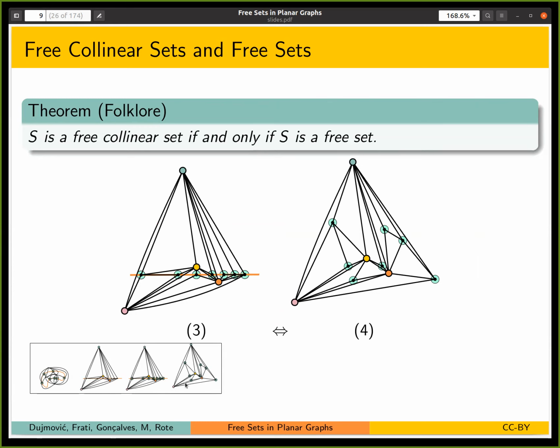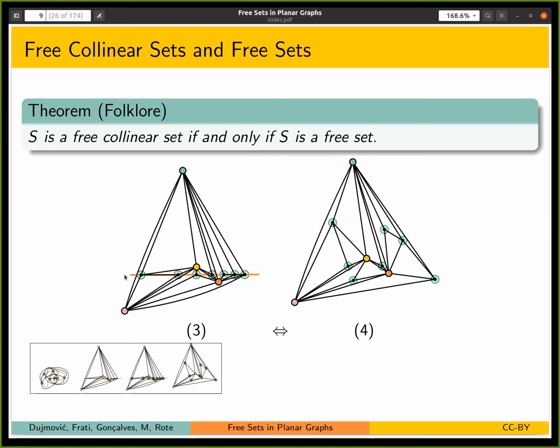The last two things, it's actually quite easy to see that they're equivalent. That is, if I can prescribe the locations of those vertices on a particular line, then actually I can prescribe the locations of those vertices anywhere. And the way to do that is to only look at the x coordinates.